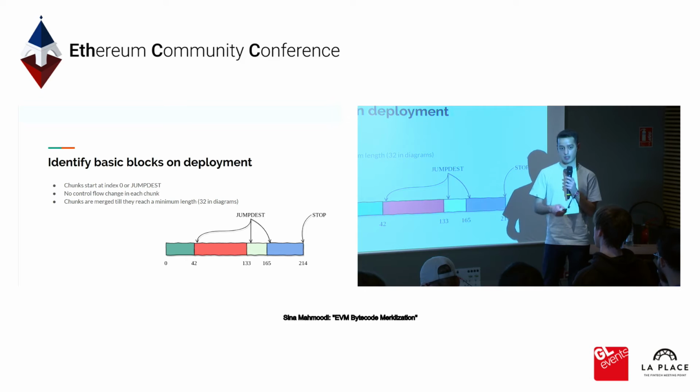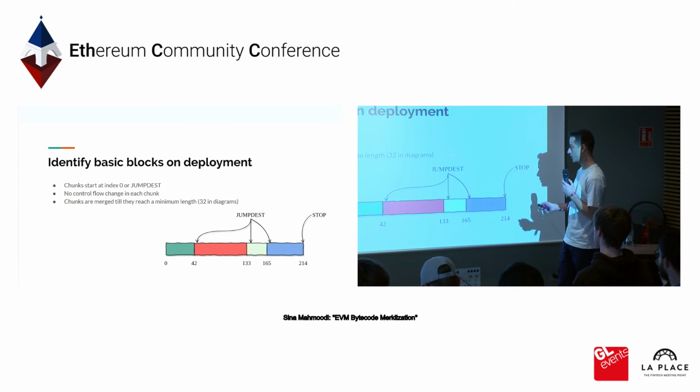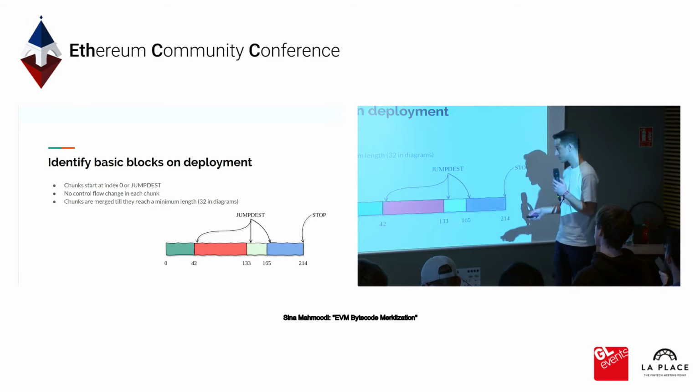The miner, as of now, does a single pass over the bytecode to check for jumpdests. If you know what they are, jumpdests are the valid locations in EVM bytecode where you can jump to. It already does a pass over the bytecode to determine this.